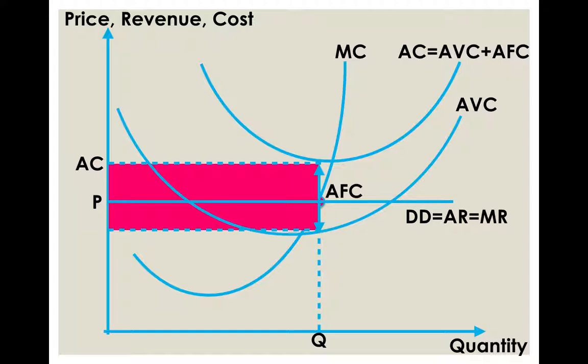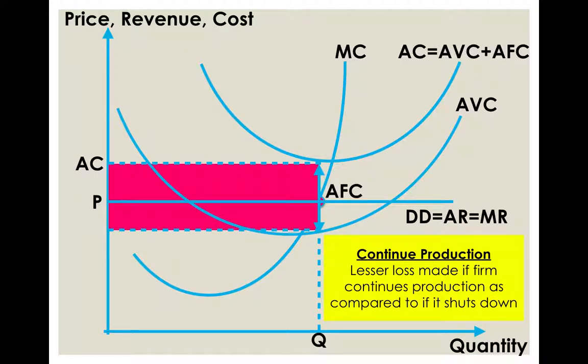So what this means is, if the firm shuts down, there is actually a greater loss made as compared to if the firm continues production. So the decision at the end for this firm will be that this firm will continue production.